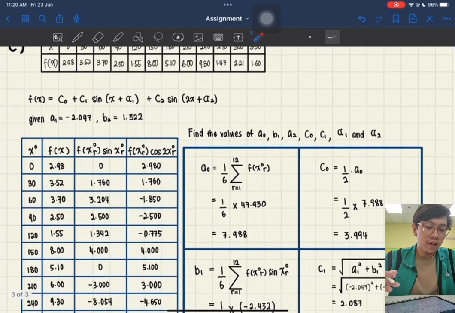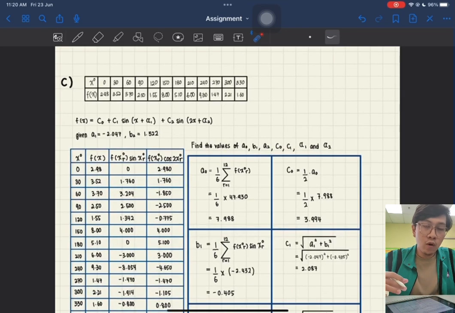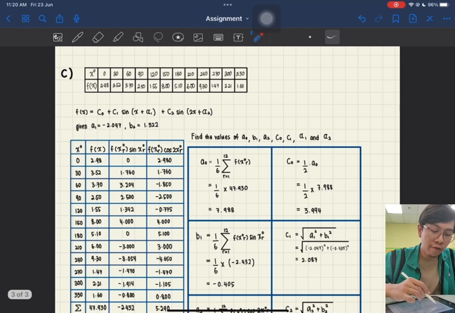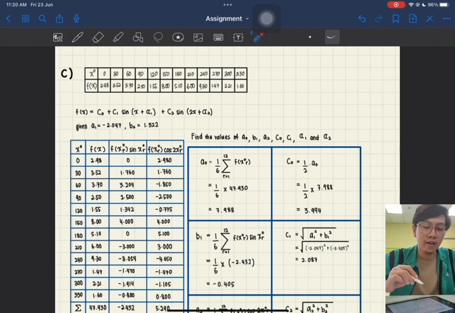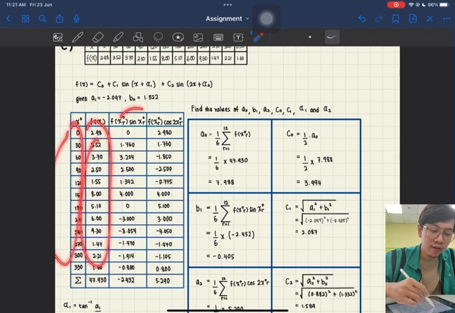The question also gives us the values of A1 and B2. Now we need to find the value of the integral of fx sin x and fx cos 2x. We just need to substitute the values of x and fx into these two equations.